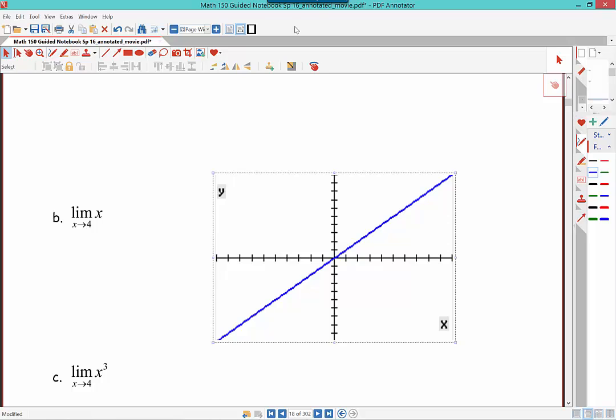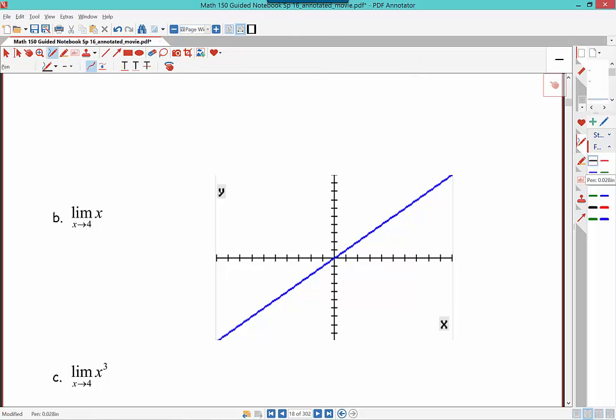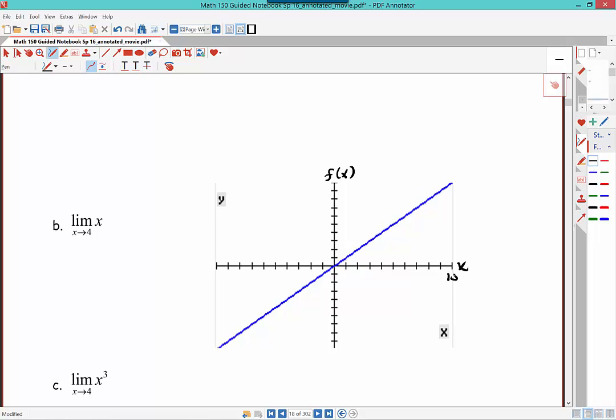Okay, so now again, this is our f of x, this is x, and we go from negative 10 to 10 on both the axes. So remember, the output of a limit is a y value. Perfect.